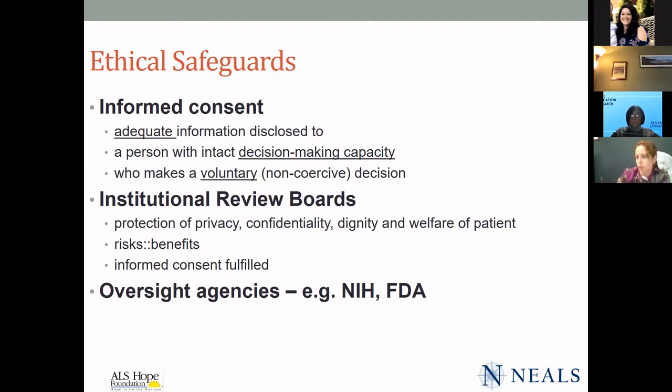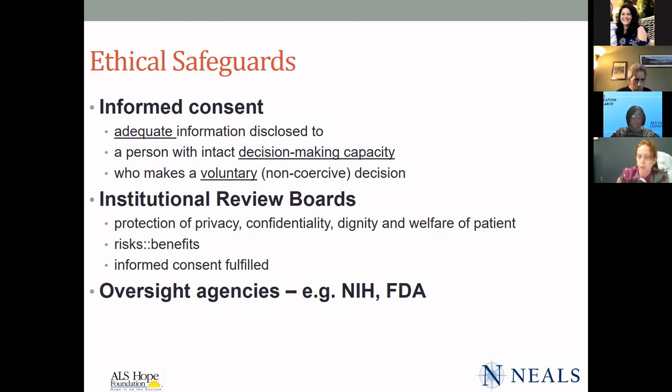So in particular, the safeguards, as we mentioned, include informed consent, where enough information is disclosed to the participant in order to make a decision. That patient or person needs to have good decision-making capacity. And finally, this has to be done without coercion and be voluntary. The institutional review boards themselves are another ethical safeguard because they make sure that appropriate research is done, meaning research that's safe for the patients and good for society in general.